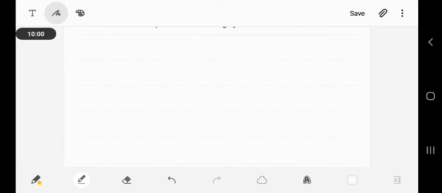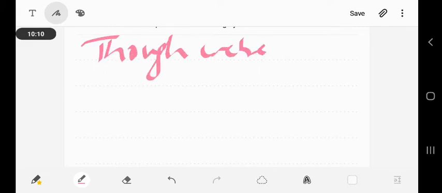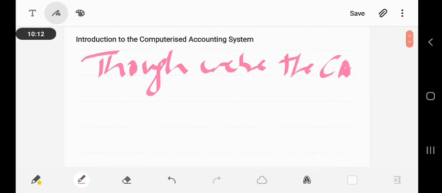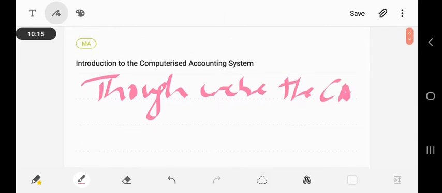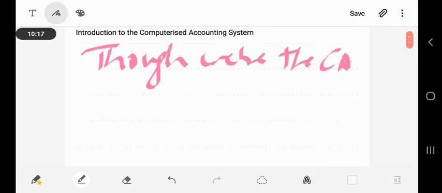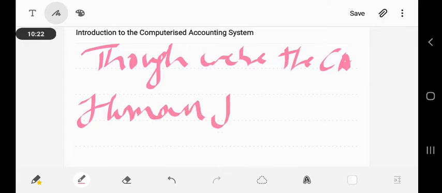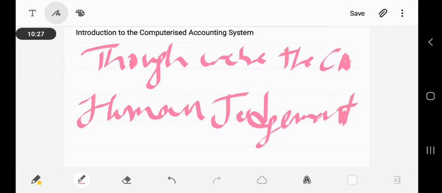And one more thing, I just want to make you note that though we are doing the computerized accounting system, human judgment is still required to analyze the data for entry into the computerized system correctly.